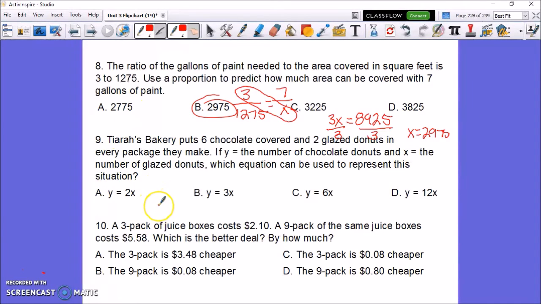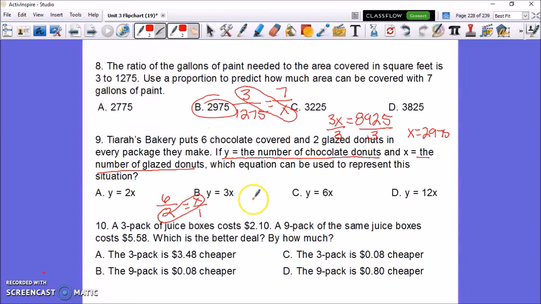In order to solve this problem, we need to find out how many per one glazed donut, because the number of glazed donuts is X, and Y is the number of chocolate donuts. So then for every 2 glazed donuts, we have 6 chocolate. Now we can set up a proportion. So we have 6 to every 2. So we need to know how many chocolate to 1 glazed donut.